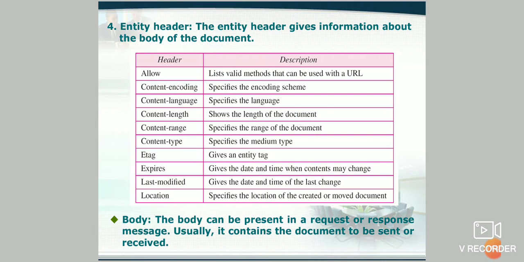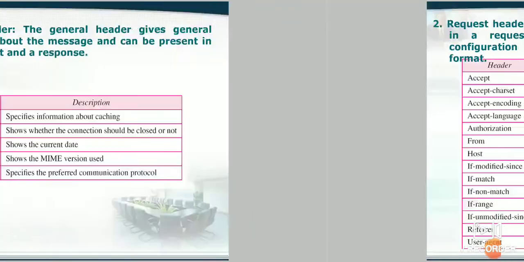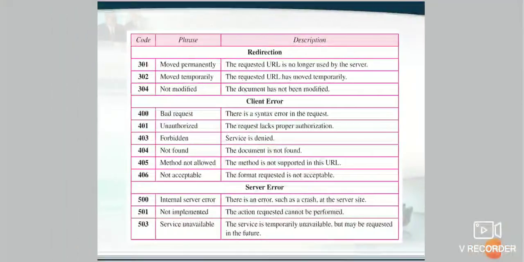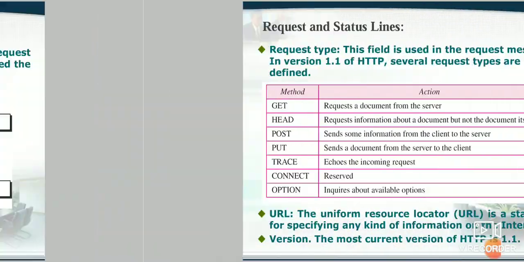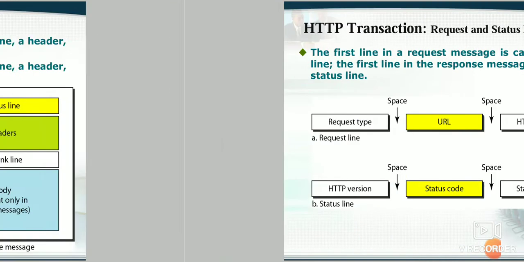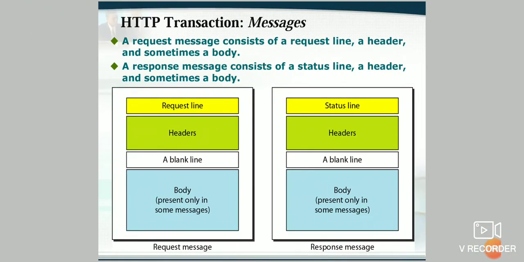Next is the body. The body can be present in a request or response message, and usually contains the document to be sent or received. Now we take a short summary of all these things. So we have discussed the request line, header and body. In the case of response message, we have discussed the status line, header and body.